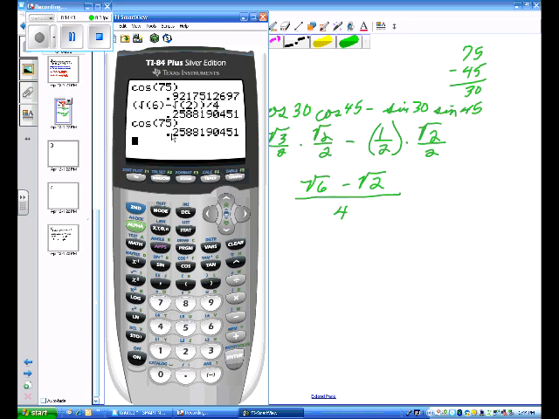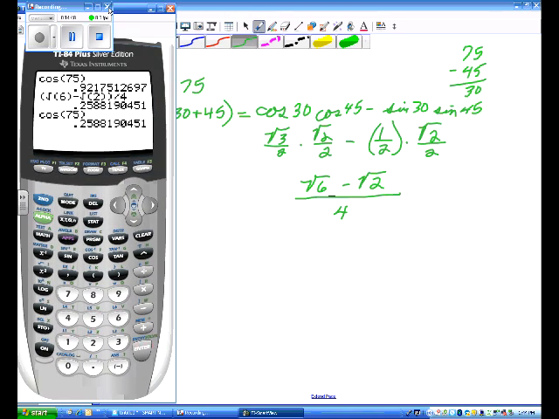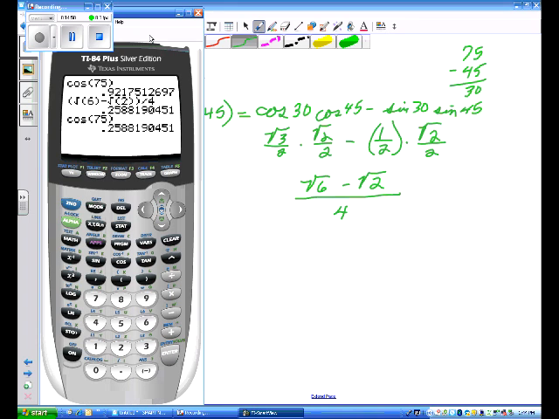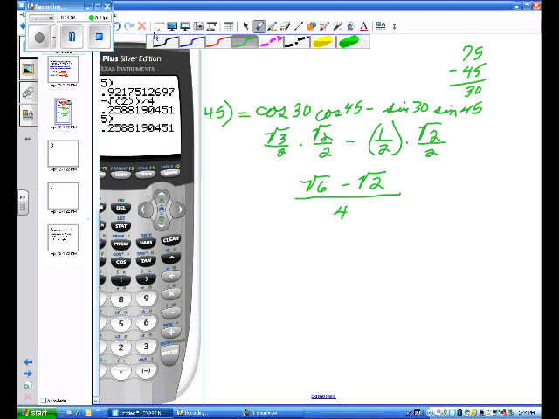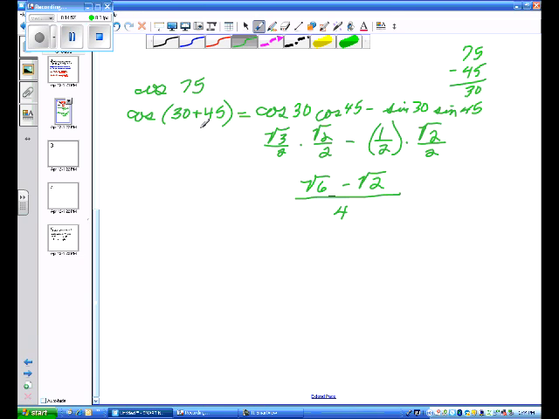Yes. So a while ago when I thought I put it in the degree mode, I didn't. And so it didn't give me the correct answer. I wasn't in degrees. So we have our sum and difference of our angles.